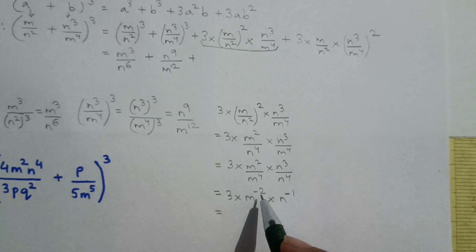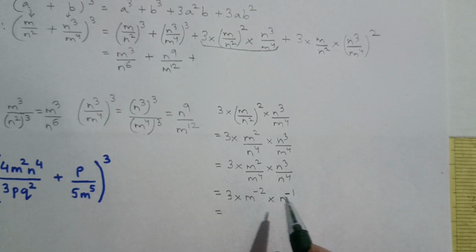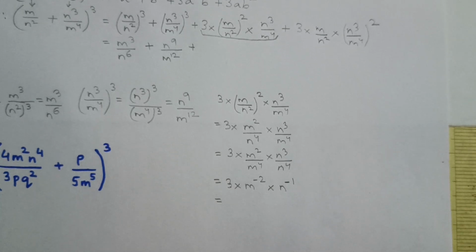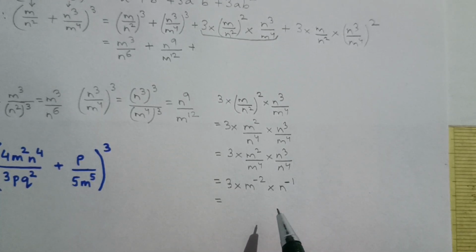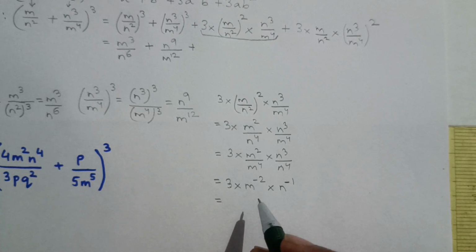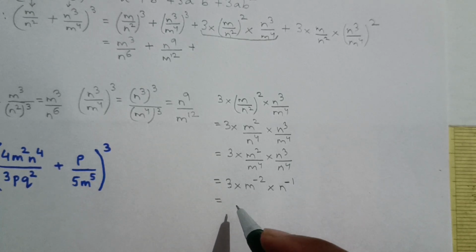Now if you don't want the powers as negative, you can convert these negative powers to positive powers. In our answer it's better if we show the powers as positive. There is nothing wrong if you show the powers as negative, but it is usually shown as positive powers.